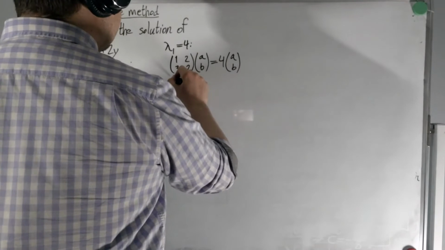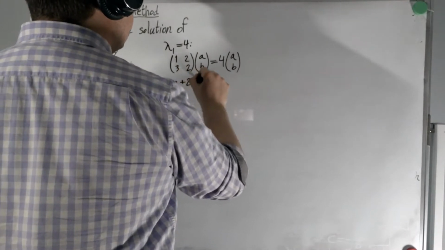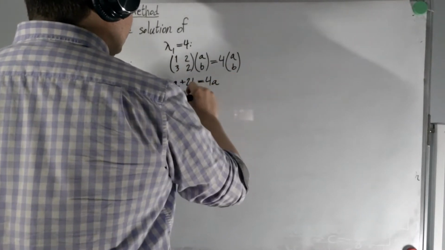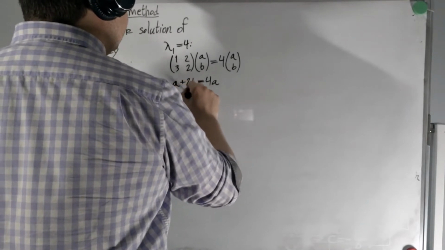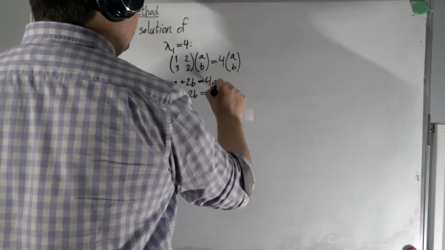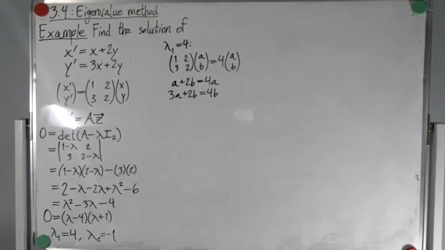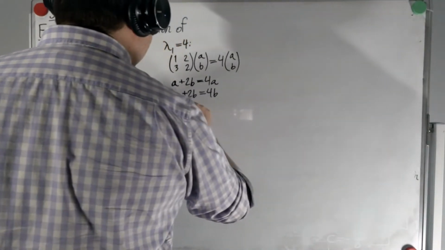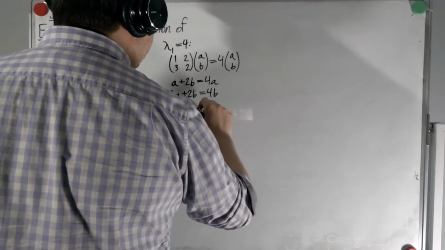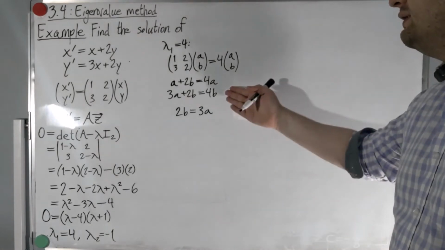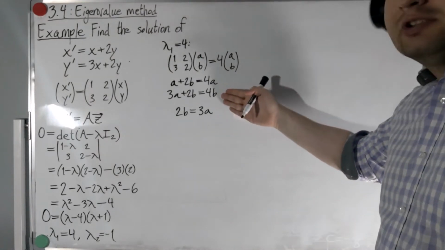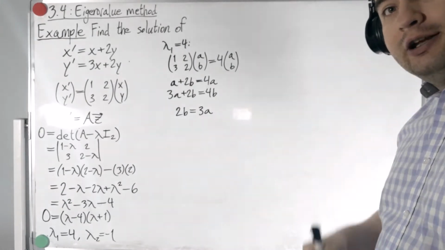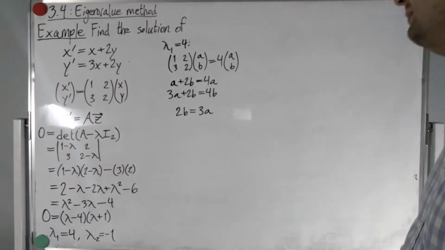This is a plus 2b equals 4a, and 3a plus 2b equals 4b. Subtract a from both sides of the first equation and you get 2b equals 3a, sorry. And you'll find that you get the same thing if you subtract 2b from both sides of the second equation, because again, these equations are going to be redundant.